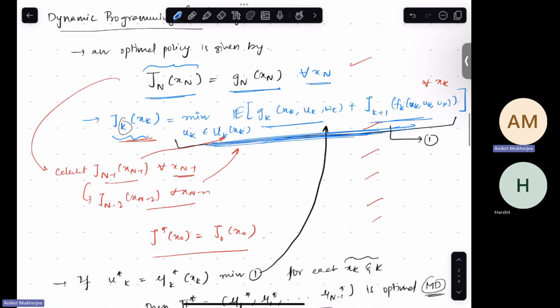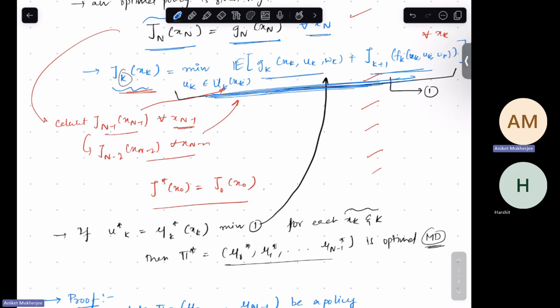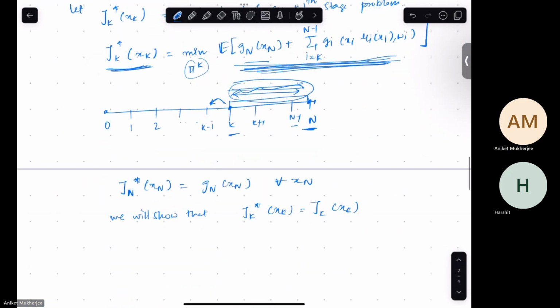We do it backwards in dynamic programming and come up with an algorithm which shows that by doing this, you are basically solving n vector problems at each time, and then you get your optimal solution. You don't need to go through all the policies. You directly get your optimal solution by just solving n optimization problems. I hope the motivation is clear.